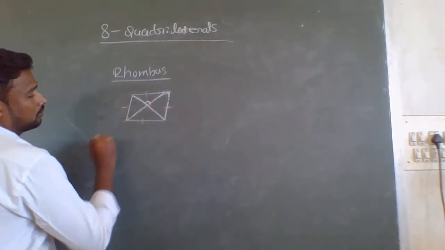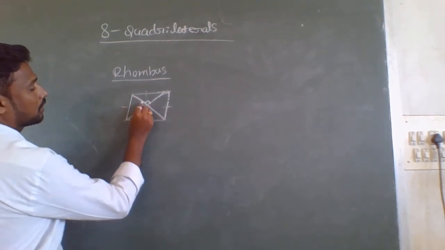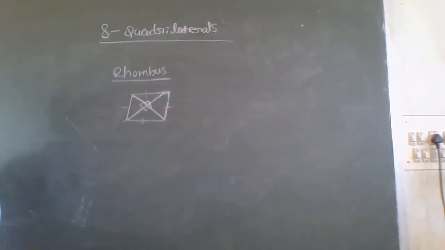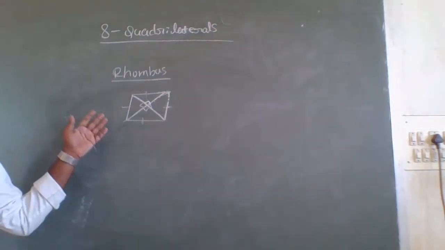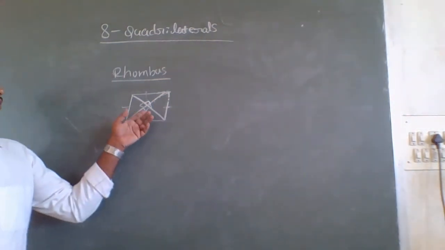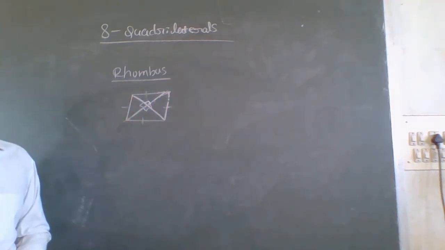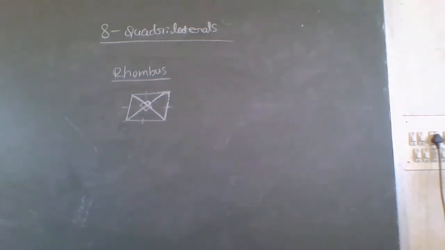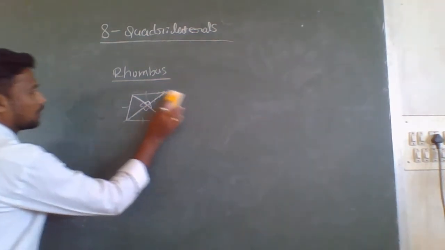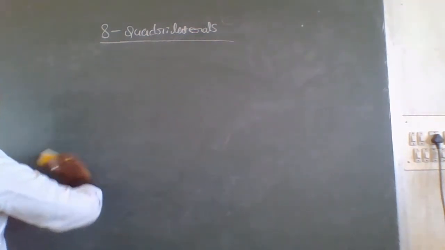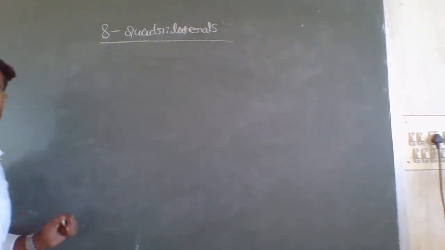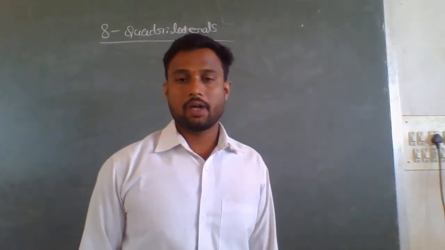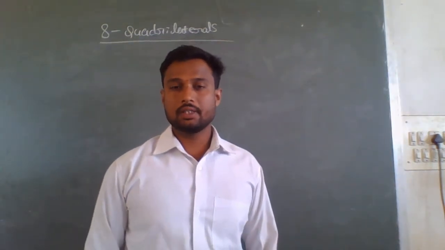These two diagonals are perpendicular to one another, so it creates a 90-degree right angle. Therefore, diagonals are perpendicular to one another. So the main difference between parallelogram and rhombus is that all the sides are equal, but in a parallelogram only opposite sides are equal. Therefore a rhombus is basically a parallelogram, but here all the sides are equal.